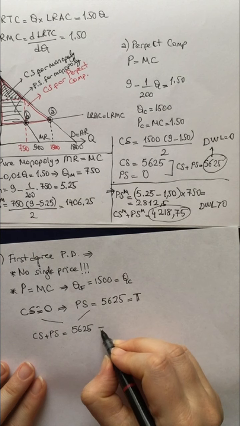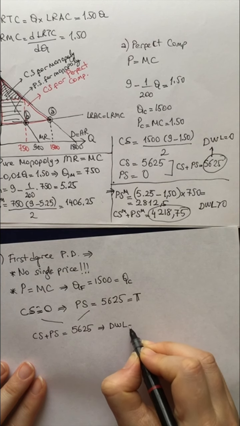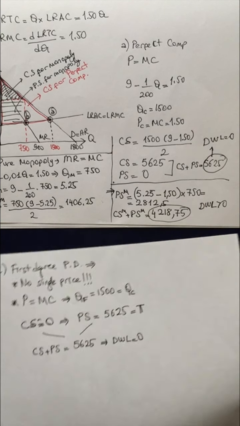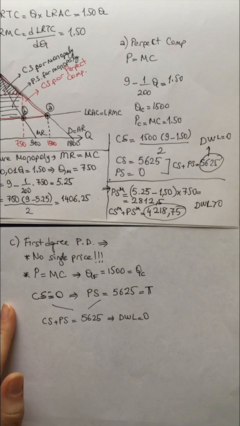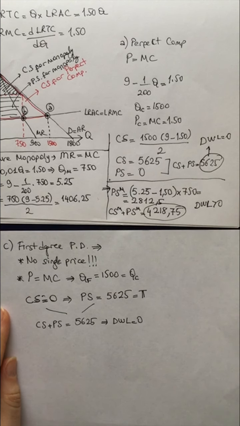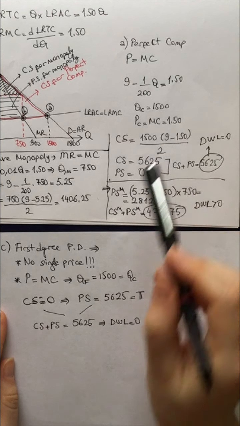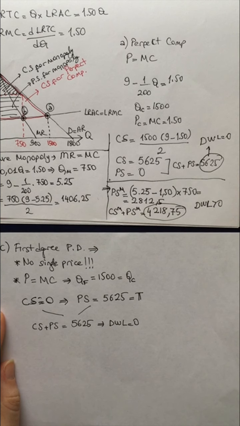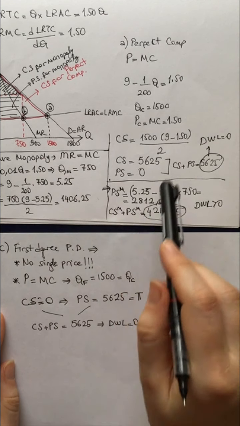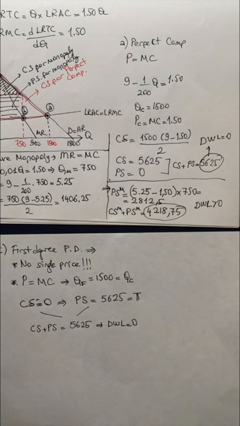And here also the deadweight loss is 0. So we can say that the first degree price discrimination is just as efficient as the perfectly competitive market because there is no deadweight loss in the market. But pure monopoly among these three market types is the worst one for the consumers, and for the market also.